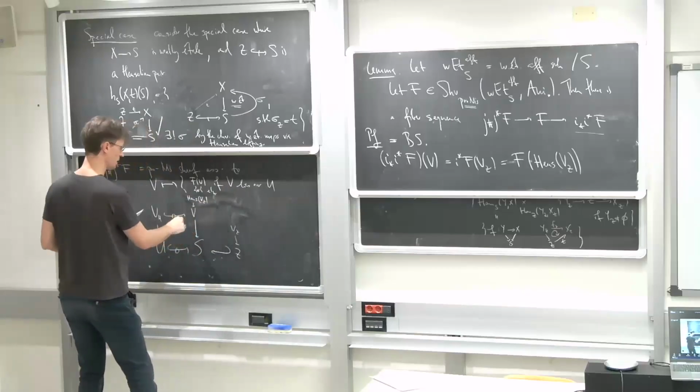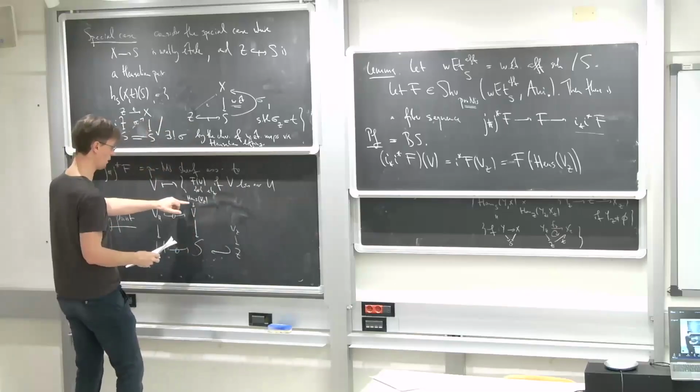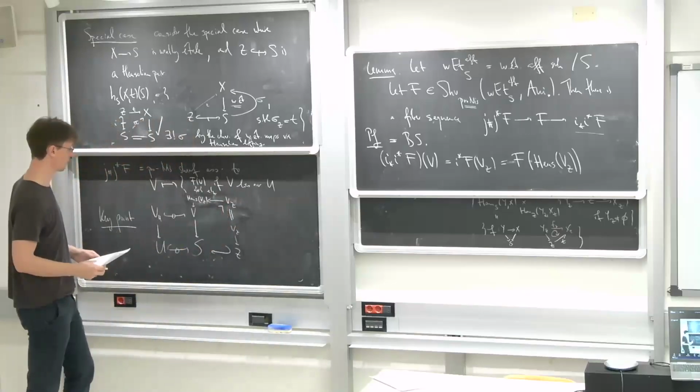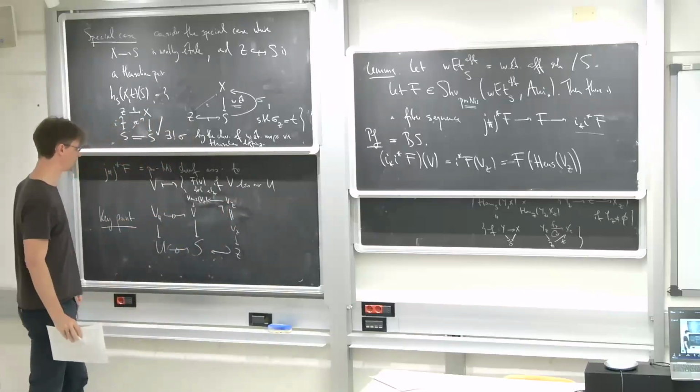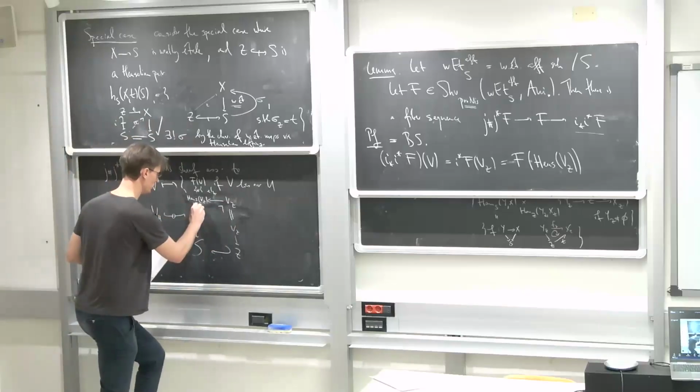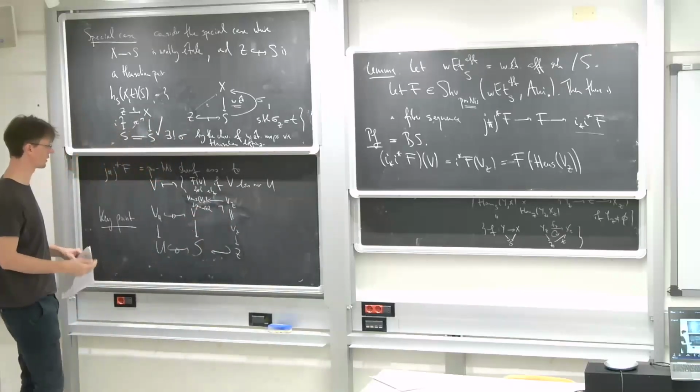So this is once again this pro-étale thing over here, which has the property that its special fiber is actually V_Z. Yeah, so this is again a pullback diagram. So this is coming, and as I said, it's really a filtered colimit of étale maps.